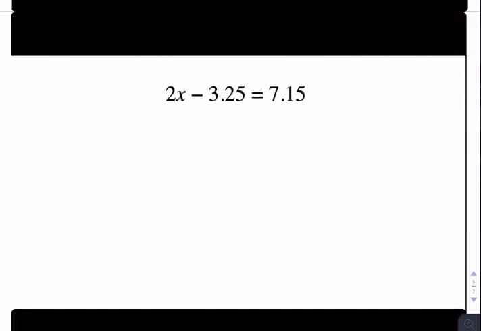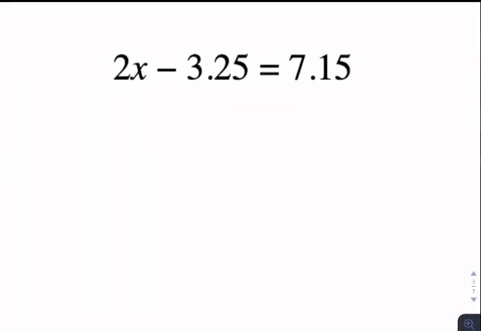So let's do another example here. All right, so this one, we have 2x minus 3 and 25/100 equals 7 and 15/100. So this goes out to the hundredths place, this goes out to the hundredths place. Ooh, but I forgot. I'm going to do it the regular way first, without decimal busters.